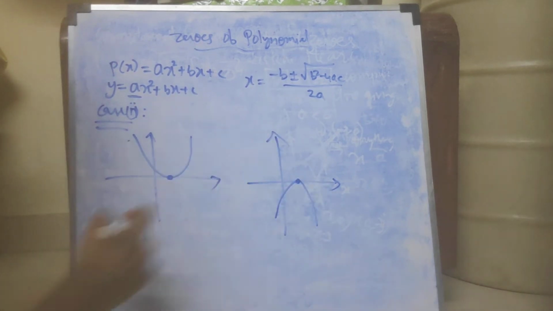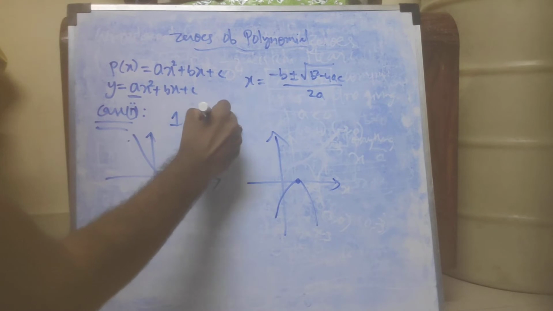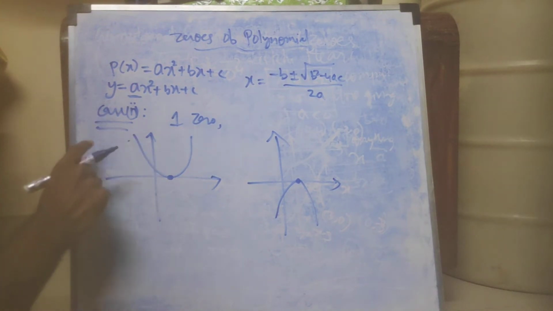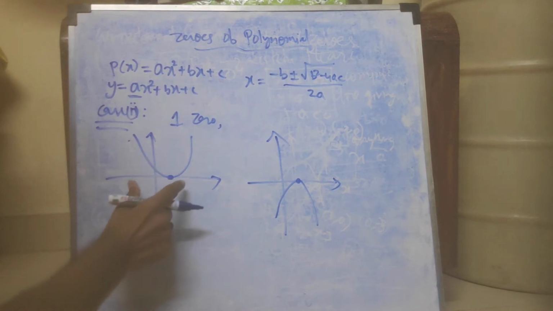It also touches only one point on the x-axis, so it has only one zero. As we have seen, a quadratic polynomial can have two zeros, not more than two zeros, but there are cases where it can have one zero and no zeros also. We'll see that case, but this is case 2.